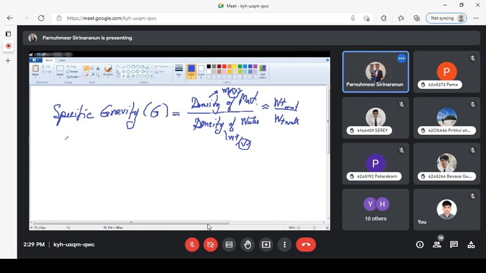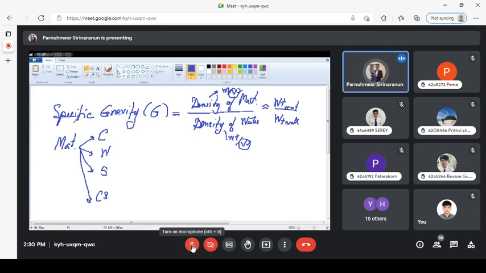In this subject, the materials you will use are basically what? You know C? C is what? I told you last time: cement, water, sand, and crushed stone. Okay?